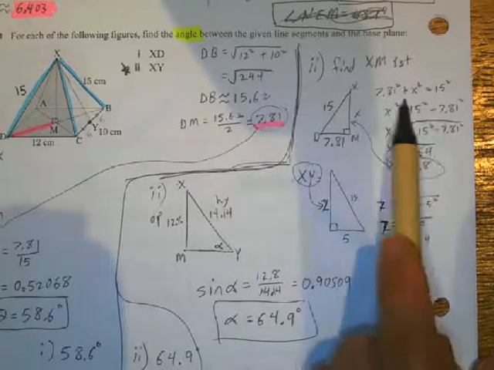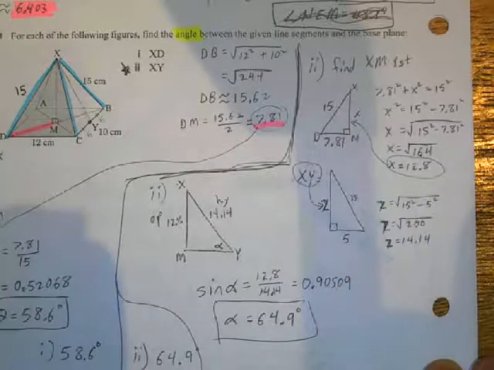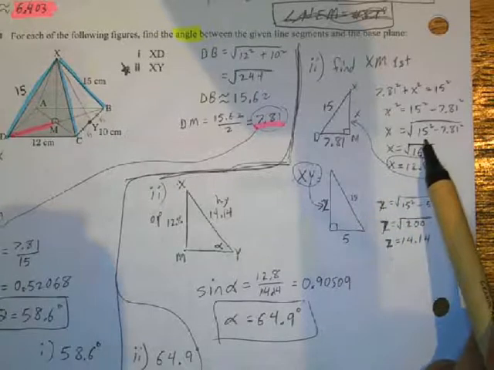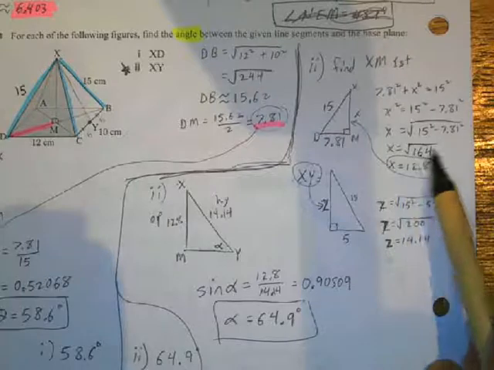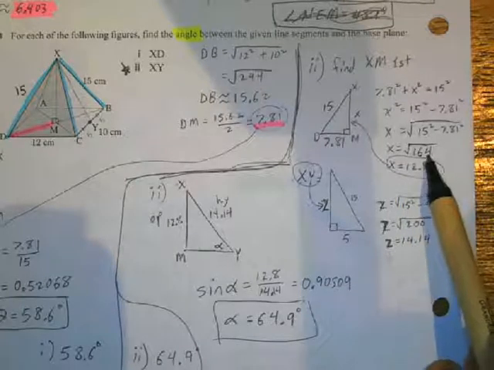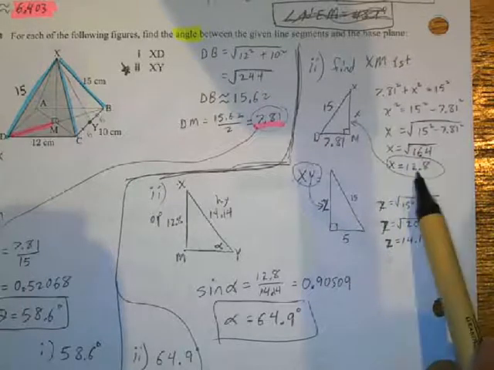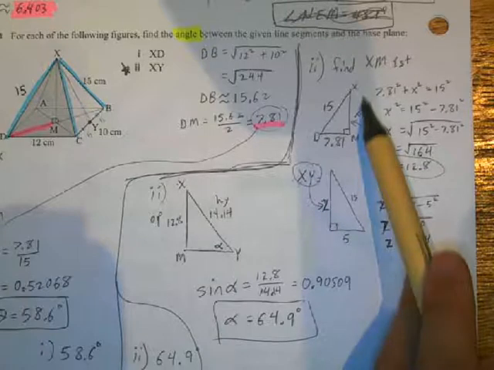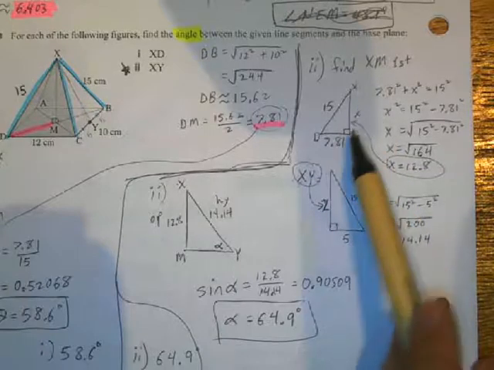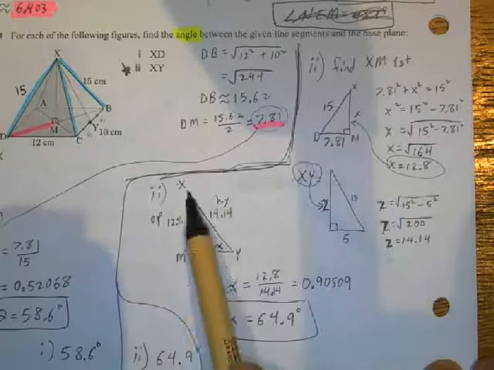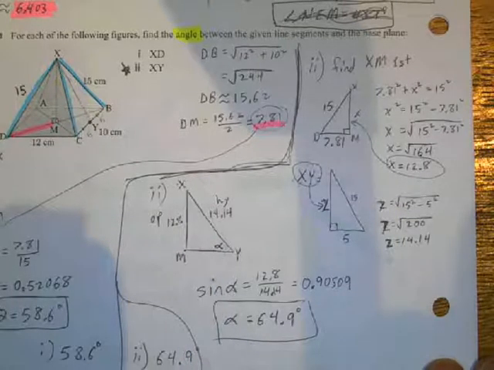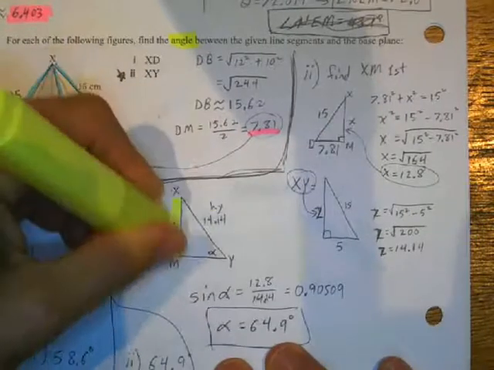Then I took the square root of both sides to get XM. 15 squared minus 7.81 squared is going to give me 164 approximately. Take the square root of that, and I get 12.8 for this value. So that's where I wrote this here. Okay, so I figured out this value from here.